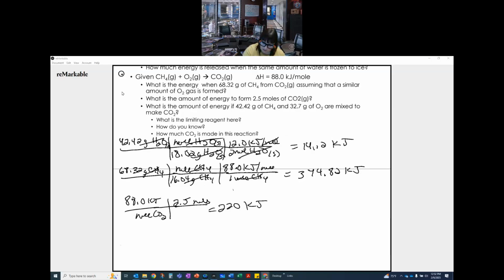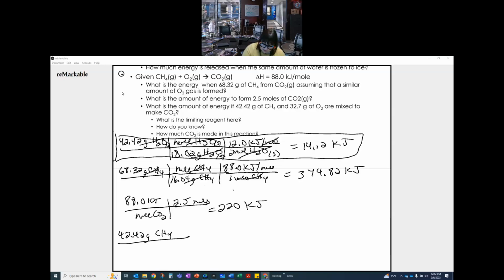Okay. And what is the amount of energy if 42.42 grams of CH4 and 32.7 grams of O2 are mixed to make this? Well, I already have something for the 42.42, right? Now, I know that 42.42 divided by that 18, no, wrong thing. Okay. So this is actually not the right one because this was for H2O. So now we're talking about 42.42 grams of CH4, 16.04 grams of CH4 per mole of CH4.